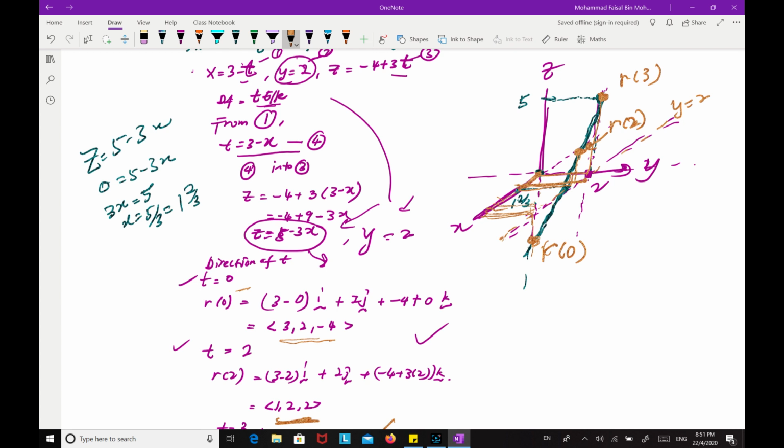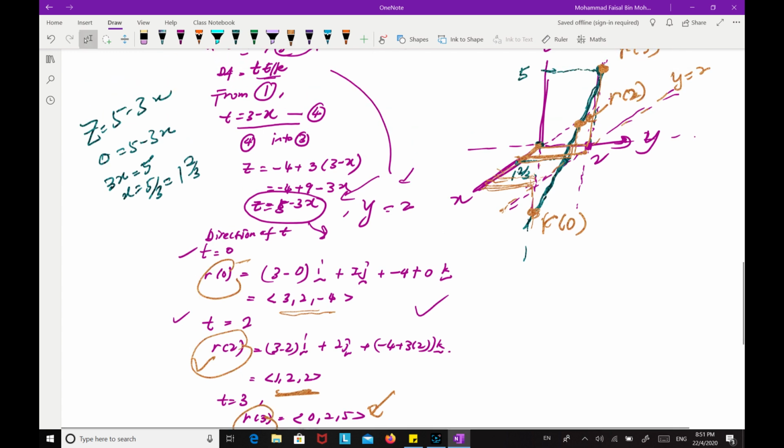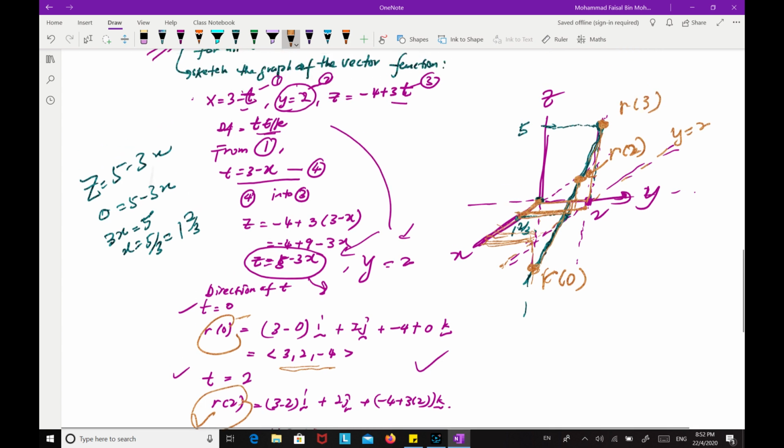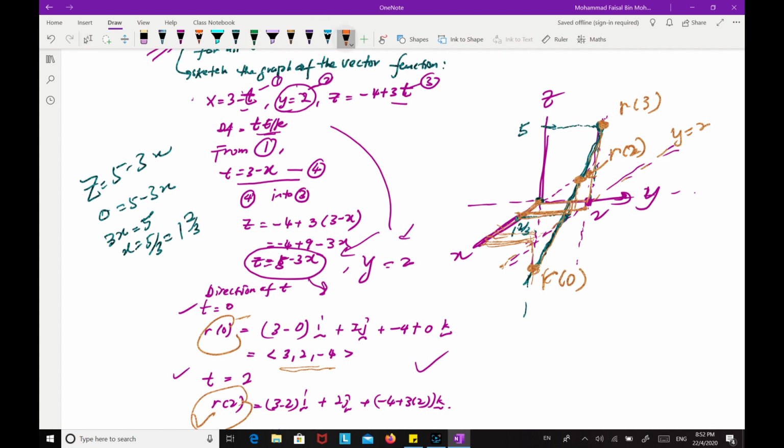Okay. So actually the trick is that all these points R2, R0 and R3 are on the same line. This is just to show that this position vector is on the vector line. Position vector, remember, must be from the origin.